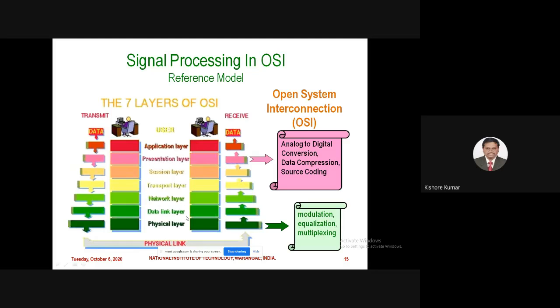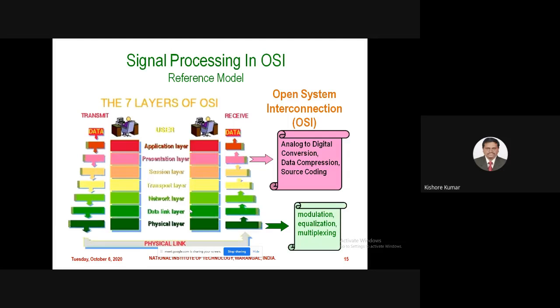In all these layers, in the presentation layer and in the physical layer, there are certain signal processing techniques people use. One is analog to digital conversion, data compression, source coding, and then we have modulation, equalization, multiplexing.